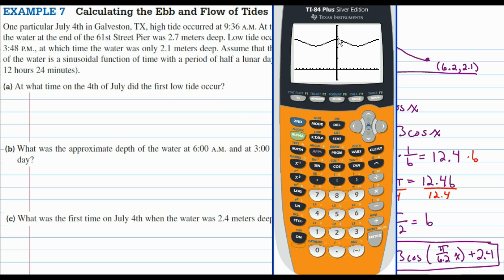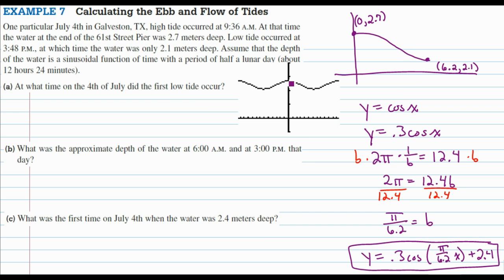If I know the period is 2 pi, this point here is at 9:36 a.m. This is 12 hours and 24 minutes ahead of time. Right in the middle is 6 hours and 12 minutes earlier. So that's 6 hours and 12 minutes before 9:36 a.m. So that would be 3:24 a.m.